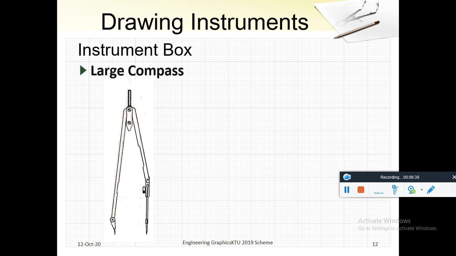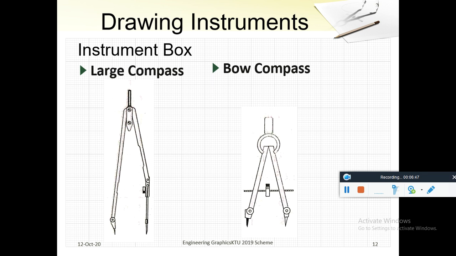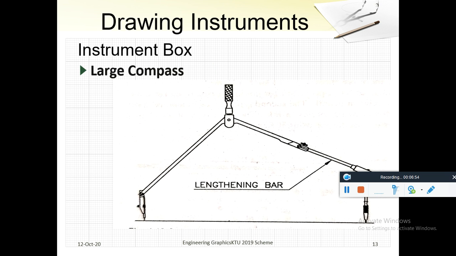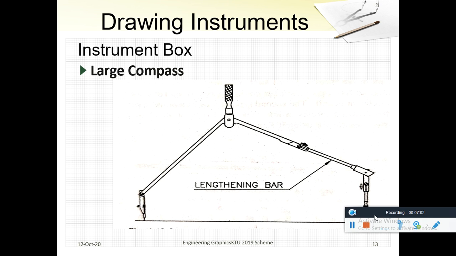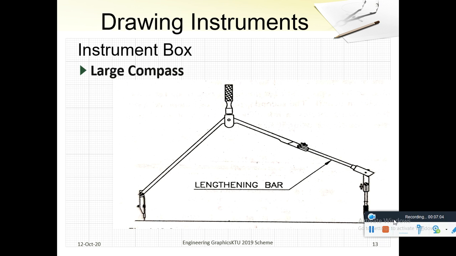It is used to draw arcs or circles of radius 25 millimeter and above. The small bow compass is used to draw circles of radius up to 25 millimeter. The large compass can be extended by a lengthening bar, and we can draw circles of larger radius.